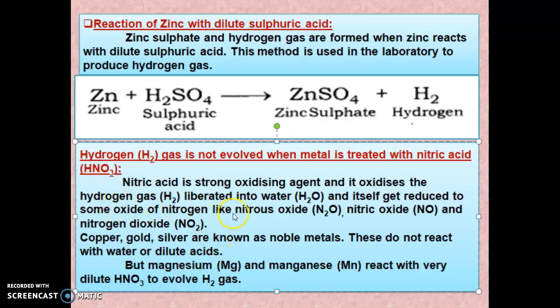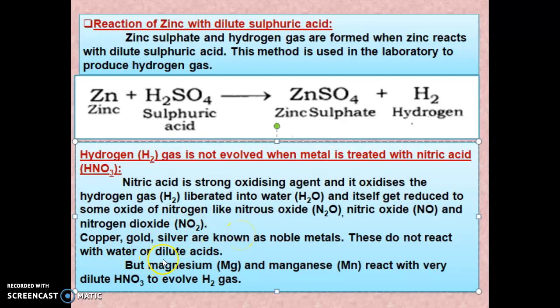Copper, gold and silver are known as noble metals.